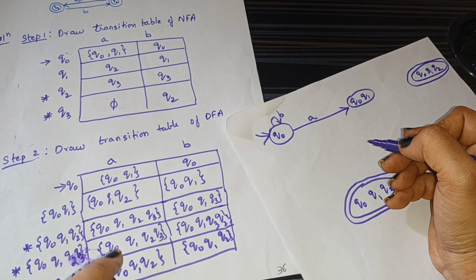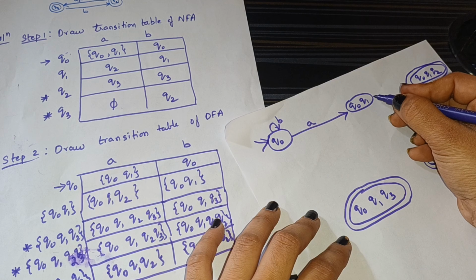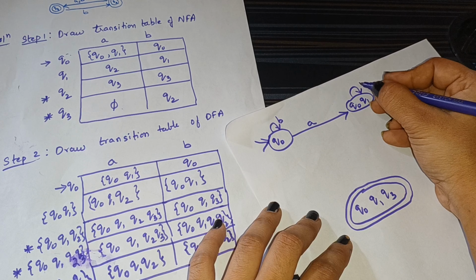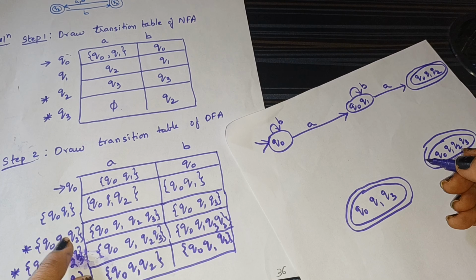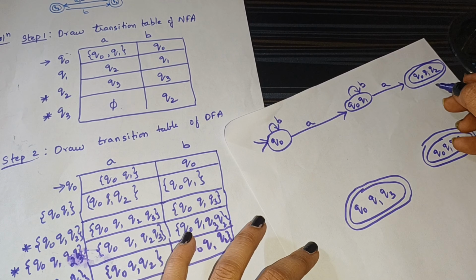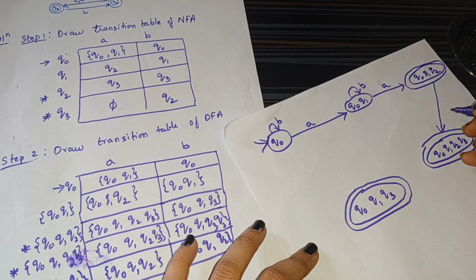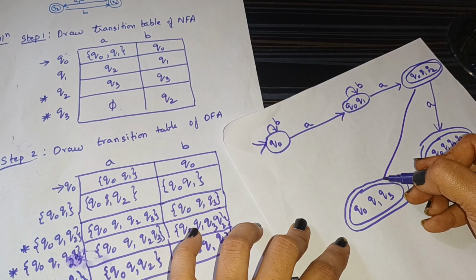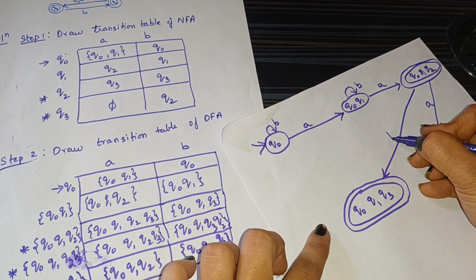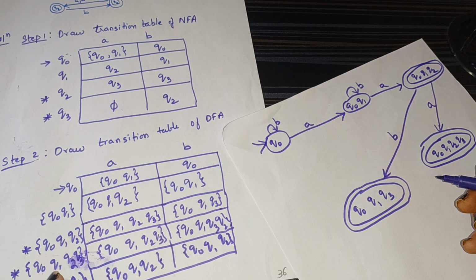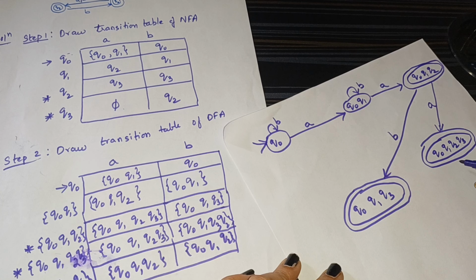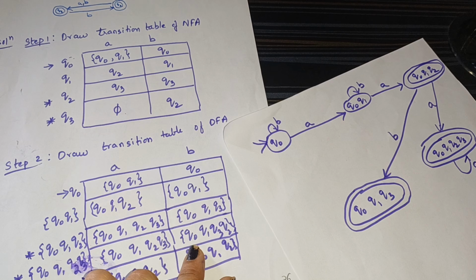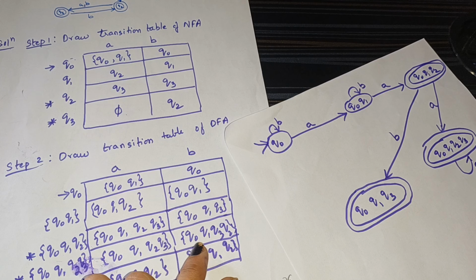Q0, Q1 on A goes to Q0, Q1, Q2; on B it goes to itself. Q0, Q1, Q2 on A goes to Q0, Q1, Q2, Q3; on B it goes to Q0, Q1, Q3. Q0, Q1, Q2, Q3 on A goes to itself, and on B it goes to itself.